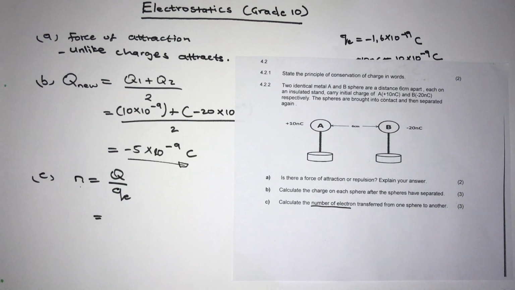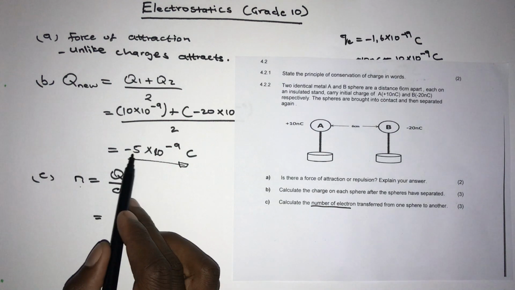So now what is the charge? Since we've calculated the new charge, now our focus is on the new charge. Once you calculate a new charge, all the questions that follow are based on the new charge. So we ignore all the charges that were given up there, and we focus on the new charge now.